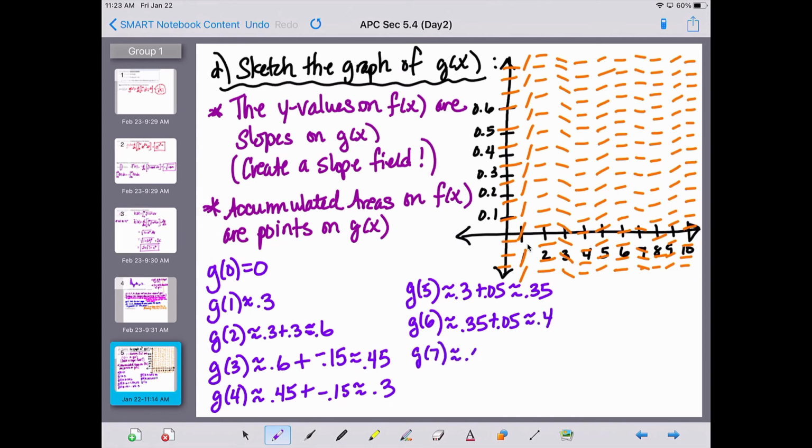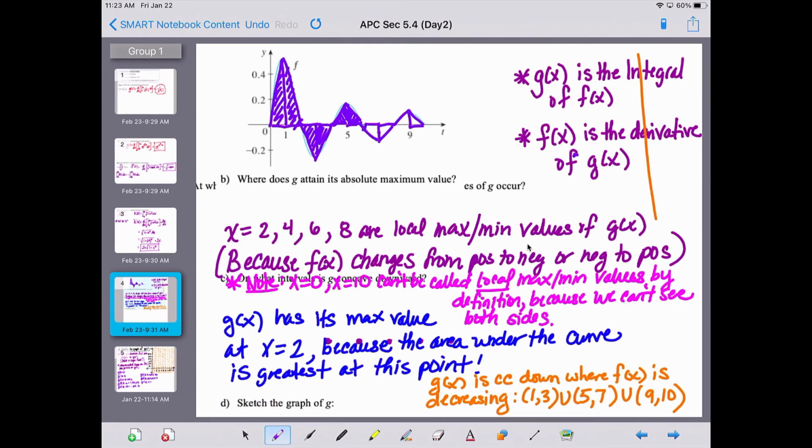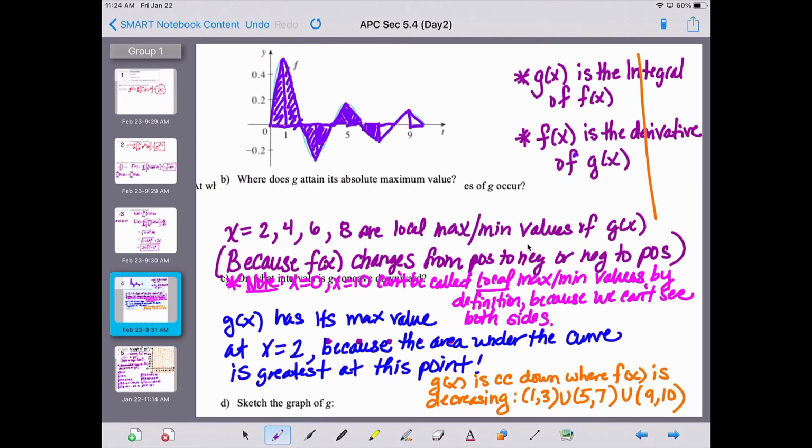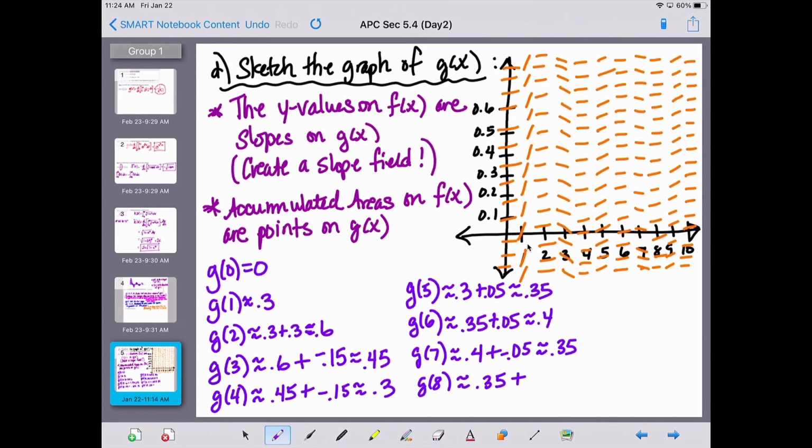G of 7 is going to be 0.4 plus, what am I adding? Oop, now I'm adding a negative 0.05. So I'm back to approximately 0.35. And then g of 8, I have that 0.35 plus, back to my graph, again I'm adding another negative 0.05. So I'm back to about 0.3.